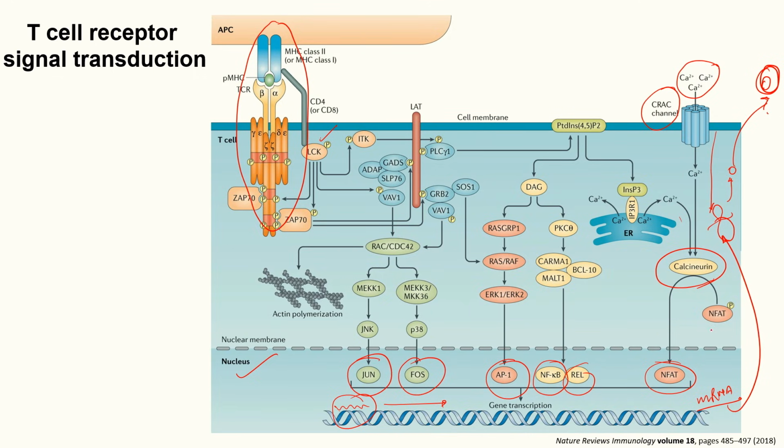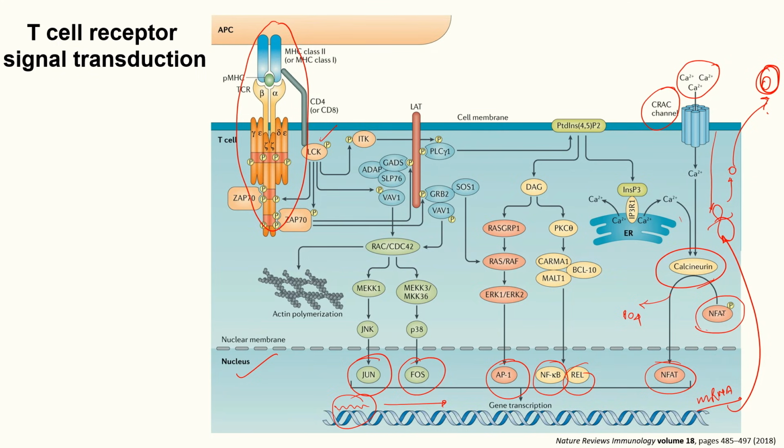So we can see that NFAT, which is a phosphorylated form of the protein, is getting dephosphorylated. The phosphate is going out and NFAT is coming inside. So there are proteins which are getting phosphorylated to go inside the nucleus, and there are proteins which are getting dephosphorylated, and NFAT is one such beautiful example where the protein is getting dephosphorylated.